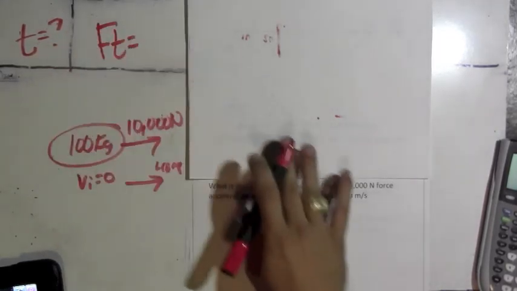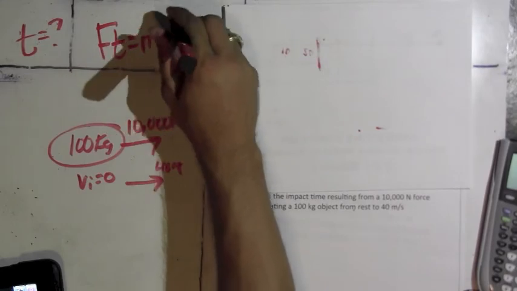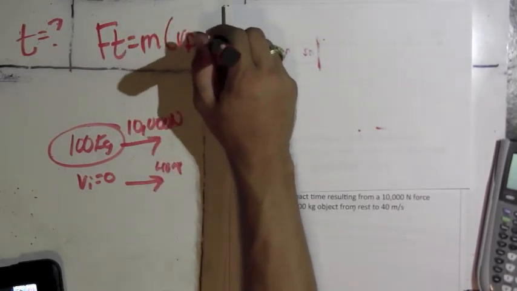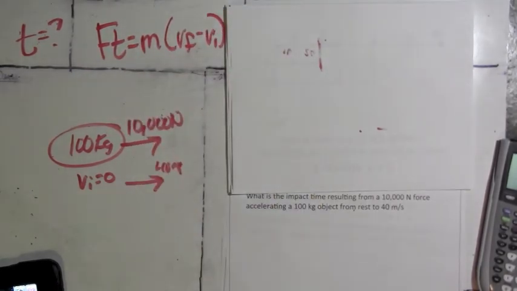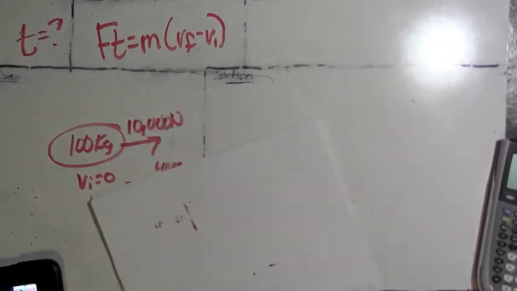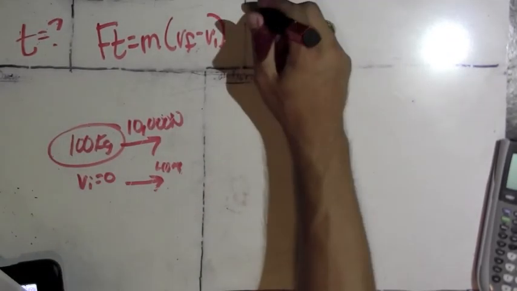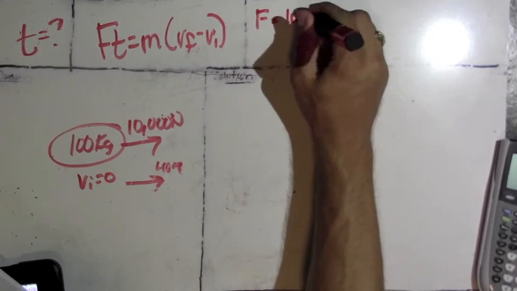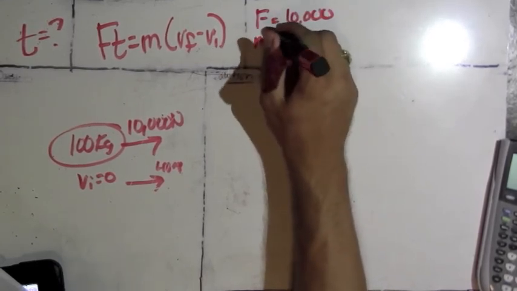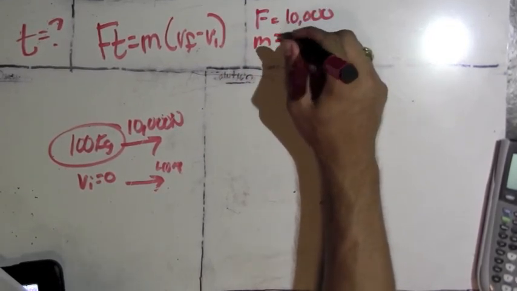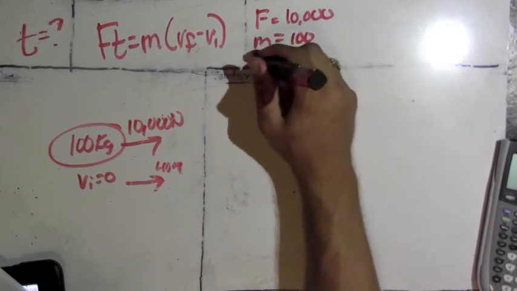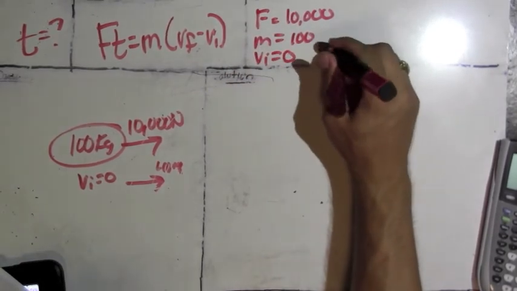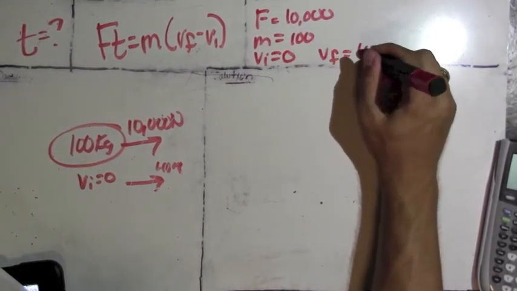So we know we're going to use Ft equals m times Vf minus Vi. So if you look, our given information, we are given the force is 10,000. We are given the mass as 100. We are given the initial velocity of 0, and we are given the final velocity of 40.